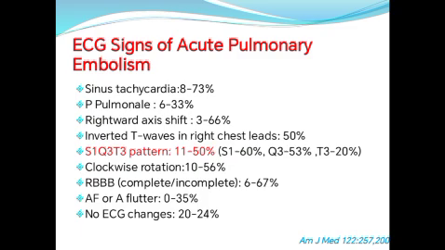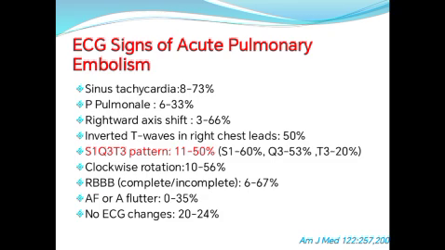ECG in the setting of acute pulmonary embolism: commonly we find there will be a normal ECG, or the frequent finding is sinus tachycardia. Up to 70% or 73% of patients will have sinus tachycardia or P pulmonale, that means right atrial dilatation, and right axis deviation.